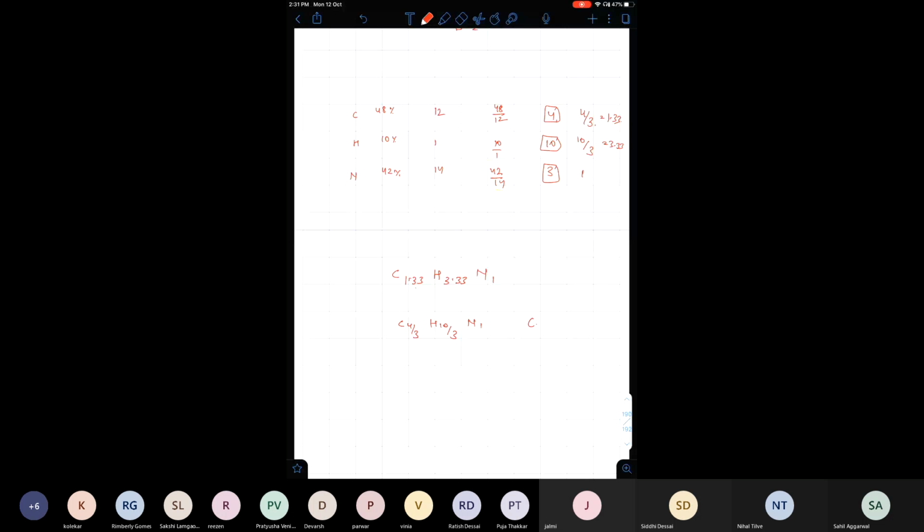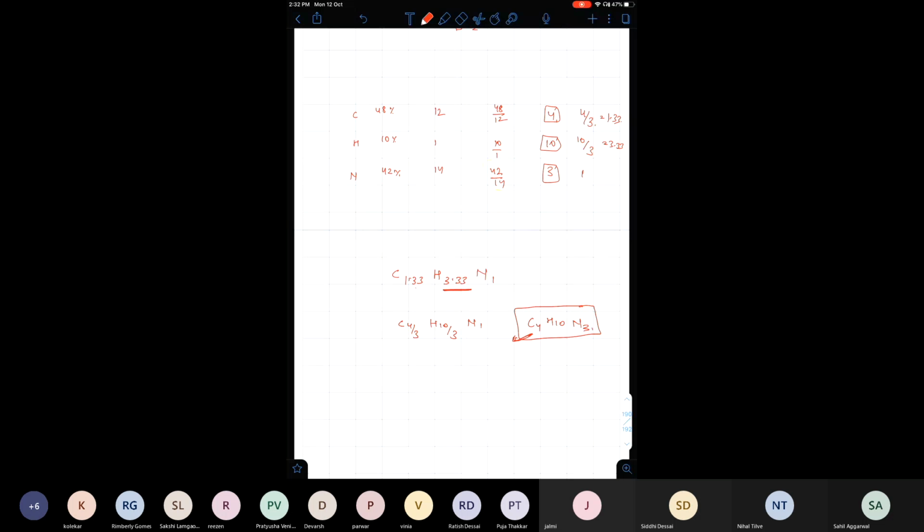So it will be C4, H10, and N only, and 3. This should be the answer. You rounded up, but if this is given as the answer, you have to give this only. Okay? Because it should be 4 for that.